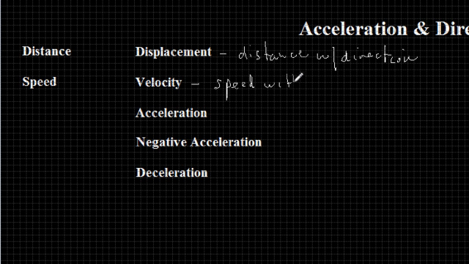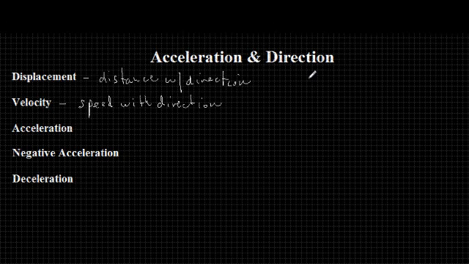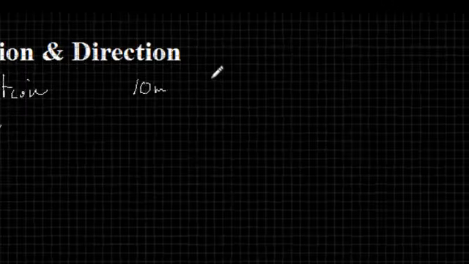And what that means practically is that when you give just a distance, let's go back up here to distance. The unit of distance is meters. So we might say a person walked 10 meters. Okay, 10 meters. And that would be a distance. But what if you wanted to be more precise?